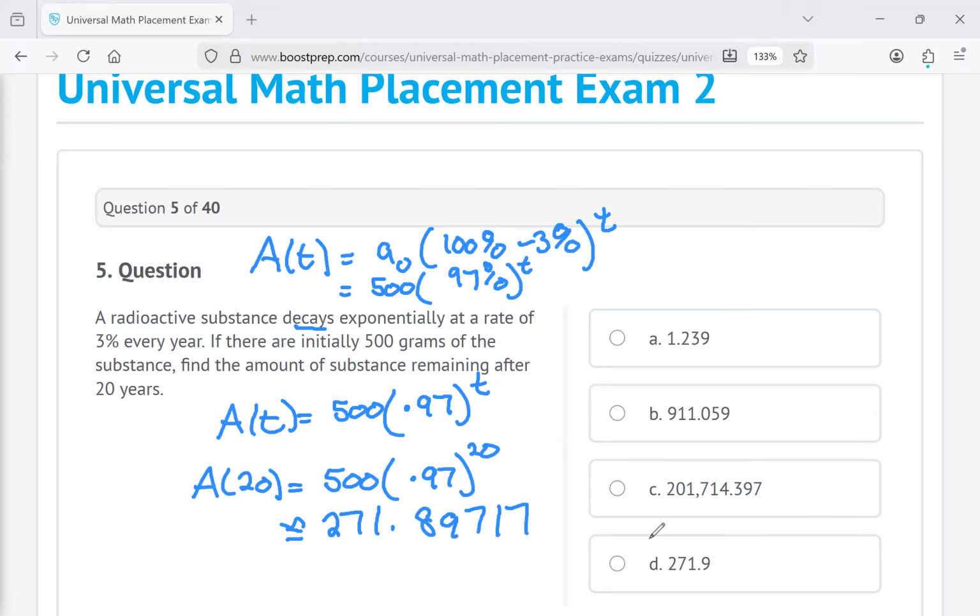So that would be rounded to letter D, right? That's the closest. It doesn't say round to the nearest, but if you round to the nearest 10, it would be 271.9.